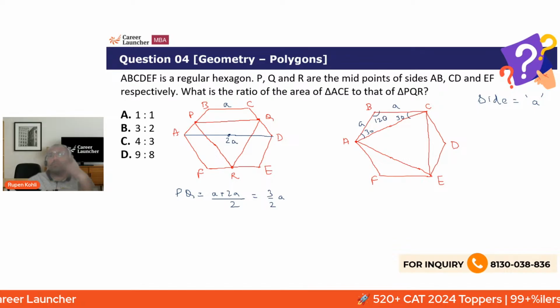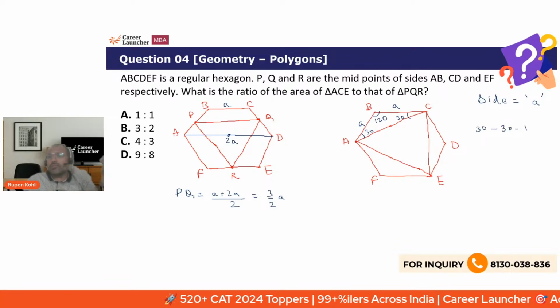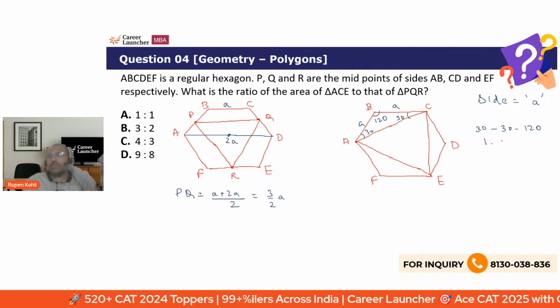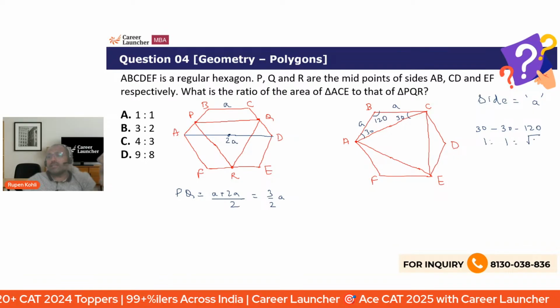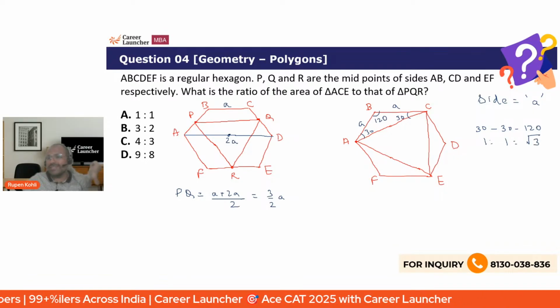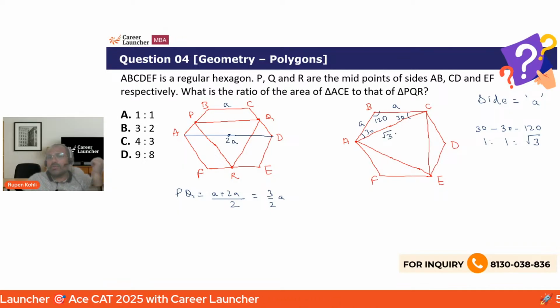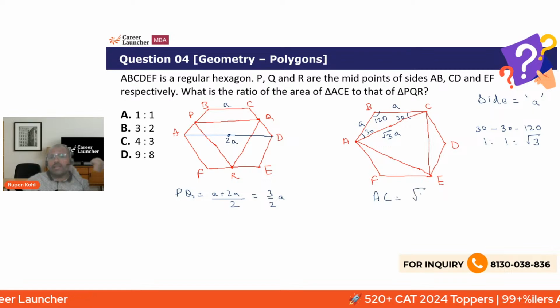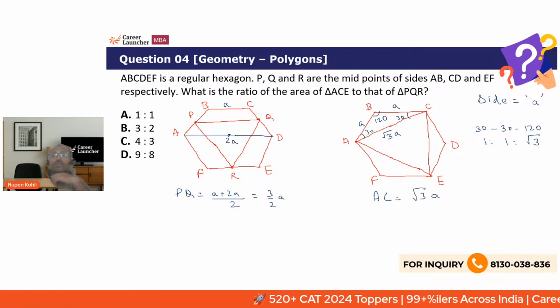So it's a 30, 30, 120 triangle. In a 30, 30, 120 triangle, all of us should know that the ratio of the sides is 1 is to 1 is to root 3. So therefore, with A and A, this AC becomes root 3 A. So we have the sides, and I think now nothing much challenging remains.